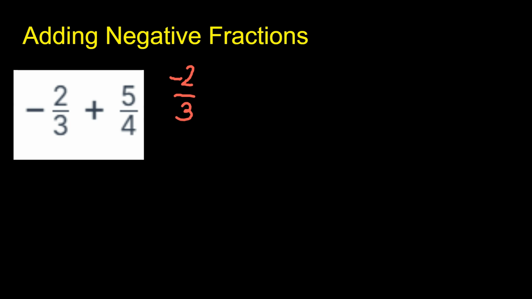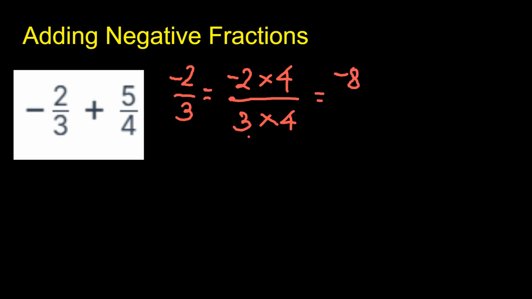We have to rewrite it by multiplying both our numerator and denominator by 4. So we have negative 2 times 4, and then 3 times 4. What is negative 2 times 4? That would be negative 8. How about 3 times 4? That would be 12.